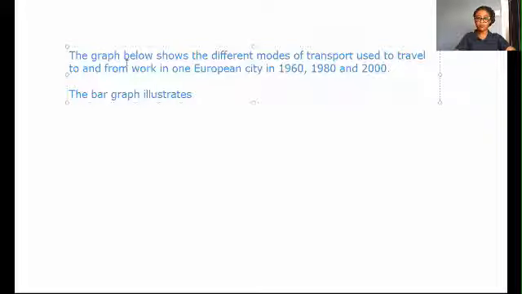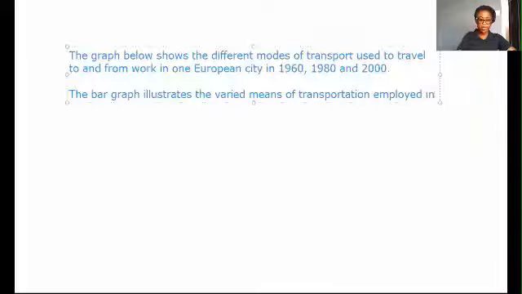illustrates the varied means of transportation employed, used to, so in place of used, I'm using employed. To travel to and from work, I would use the word commute.